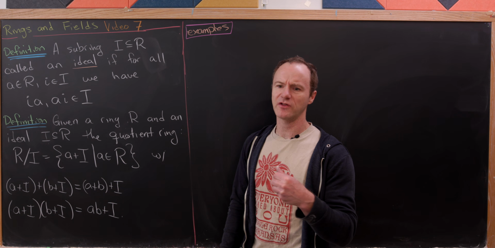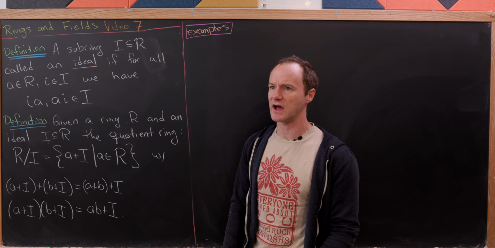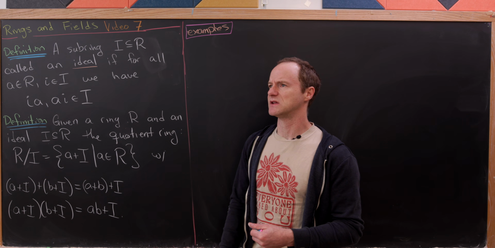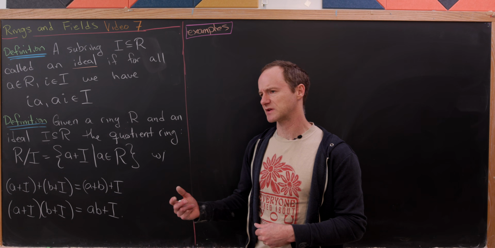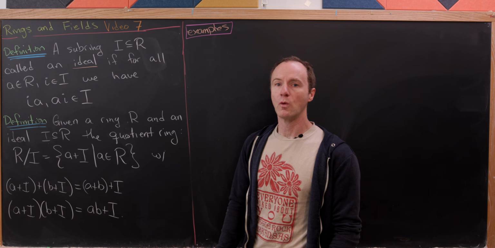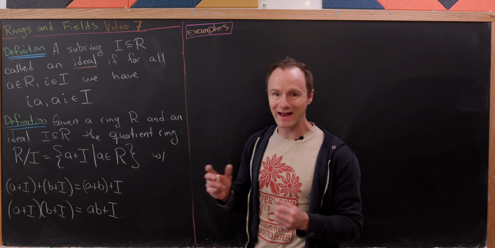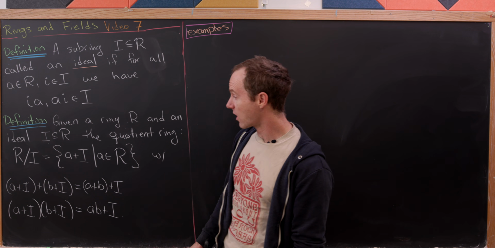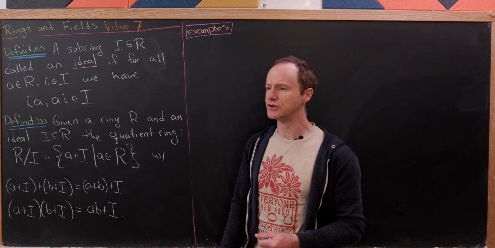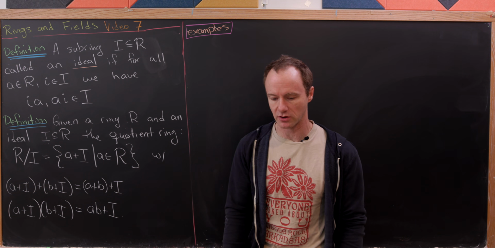And you might say, well, there are other conditions of a ring, like the addition is commutative, there's a zero element, the addition is associative, the multiplication is associative, there are some distributive rules, and so on and so forth, where all of those are actually quickly inherited from the structure on the original ring. So I'll leave it to you to check all of those details on your own.